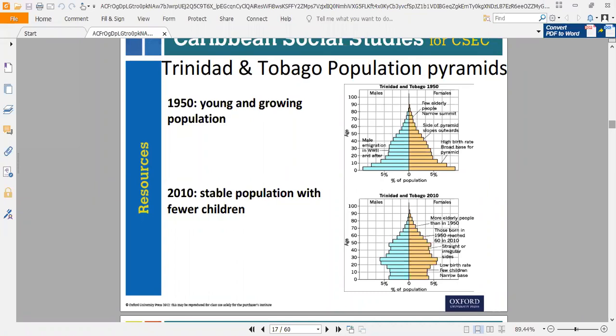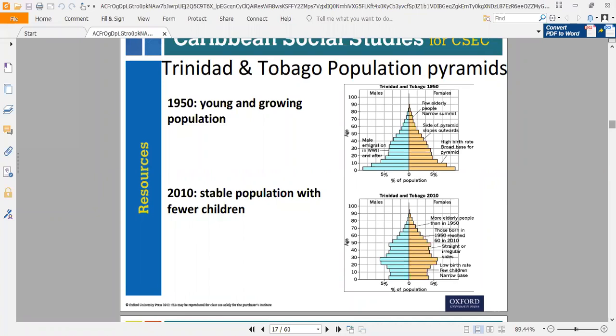Unlike in 1950, when between the ages of 0 to 10 we had a large number of individuals there, when we look at this population pyramid in 2010, we realize that it is pretty evenly matched in terms of its distribution. So we would describe the population as being stable.